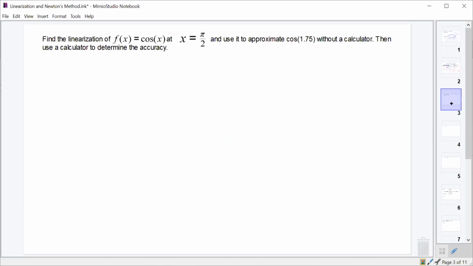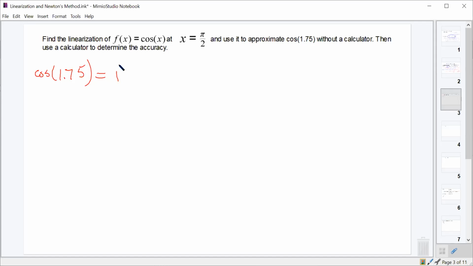Let's see if we can do this with a different function. Let's see if we can do this with the cosine function, the cosine of 1.75. So we want to know the cosine of 1.75.